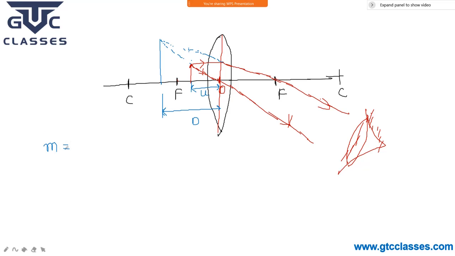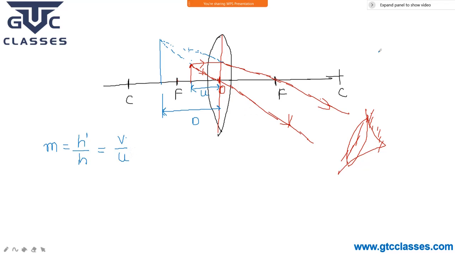The magnification in the convex lens is nothing but h dash divided by h, the height of the image by the height of the object, which equals v divided by u. We already know that. Correct? Now v is the distance of the image, and u is the distance of the object. Now let's give it a shot.